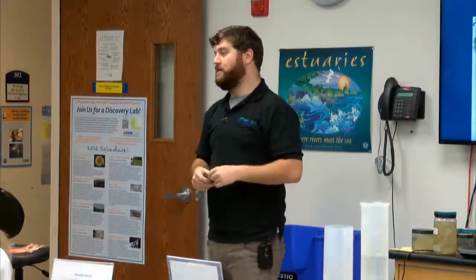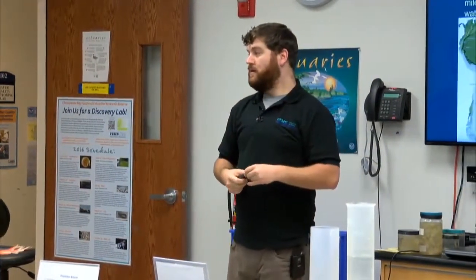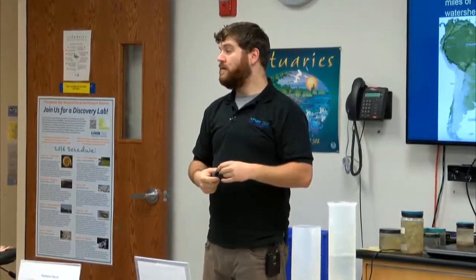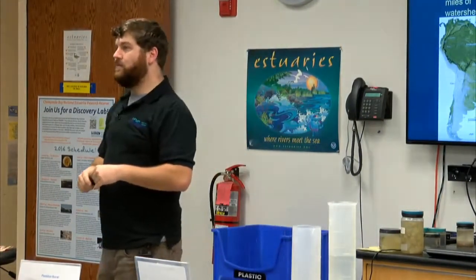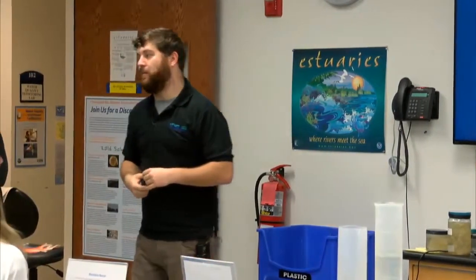You had a question? What are the local bioluminescent plankton that we see? There are several different species of phytoplankton. The major one that we've had recently is called Alexandrium monilatum.